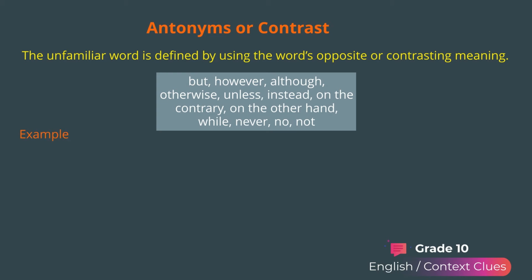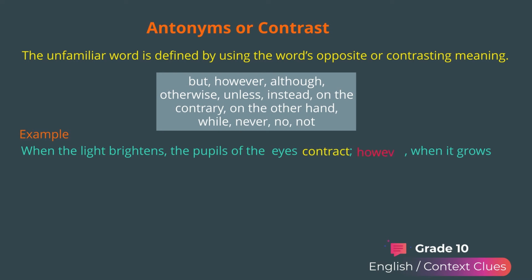For example, when the light brightens, the pupils of the eyes contract. However, when it grows darker, they dilate. The word however in this sentence introduces a statement that contrasts contract. Even though you may not know the meaning of contract, you know its opposite is dilates.